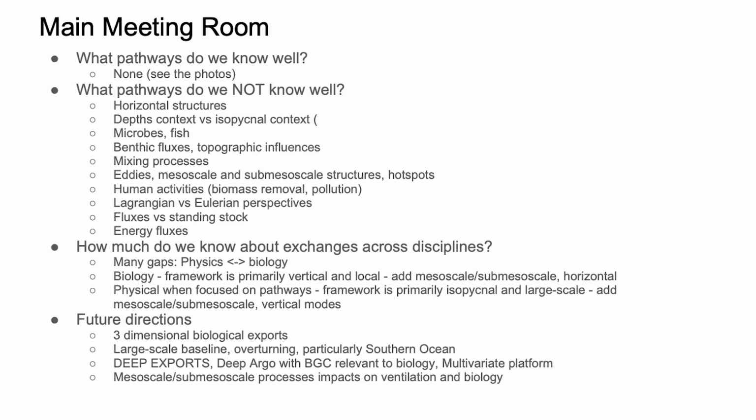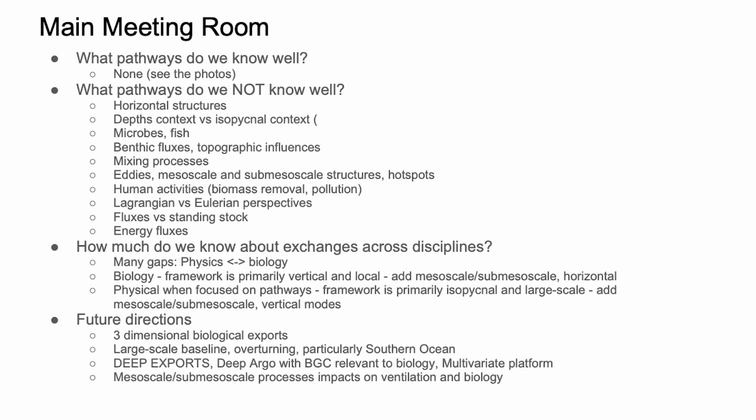I think those come in from every discipline. Things like hotspots, human activities, Lagrangian versus Eulerian perspectives don't show on the diagram. Fluxes versus standing stock for the export, and energy fluxes, and everything else on that diagram.